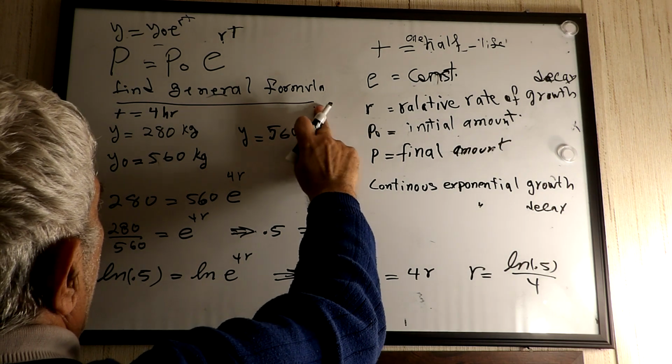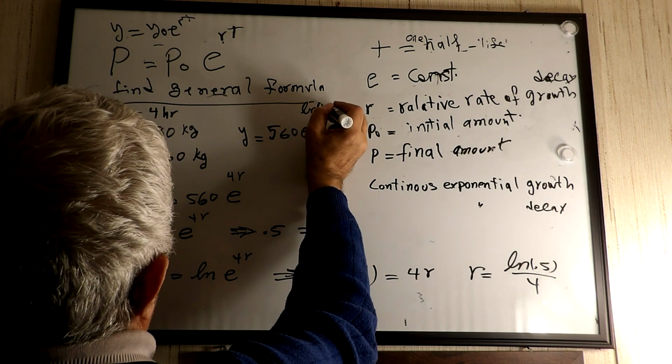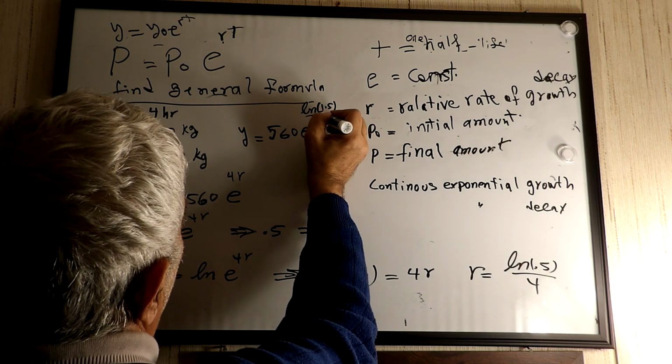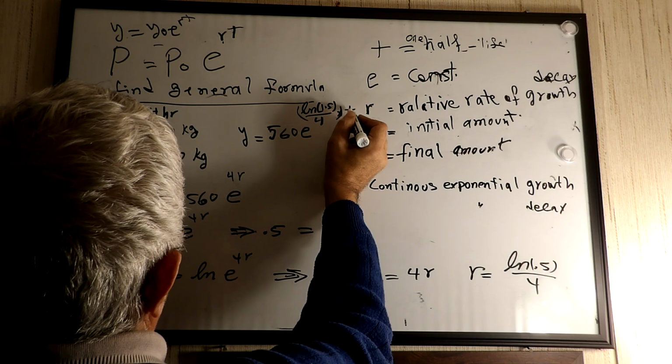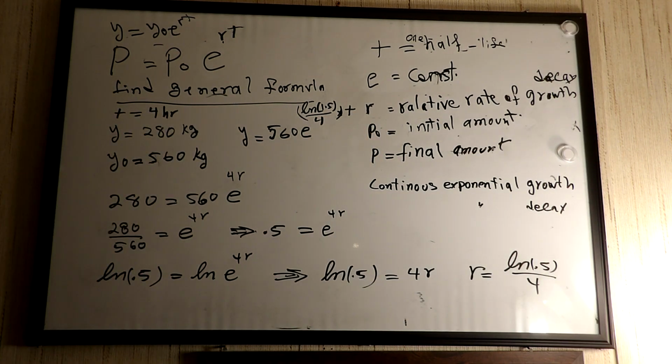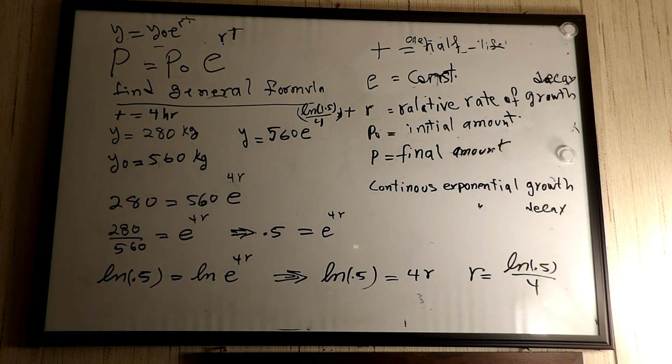So here we say y is equal to 560 e to the power of ln 0.5 divided by 4 times t. This is the general formula. Now you have found the general formula, and at any time you can find the amount, like in 8 hours, for example.